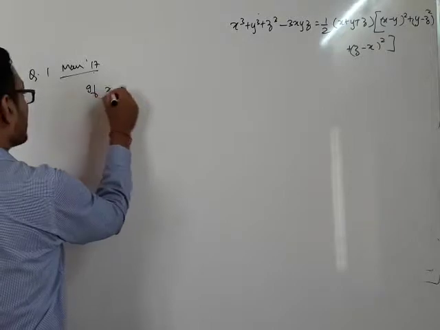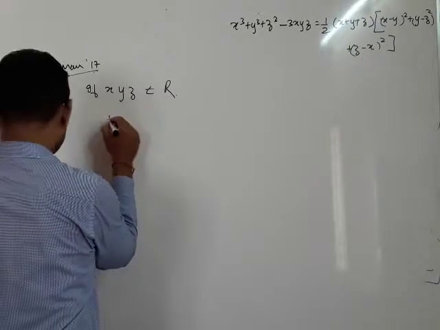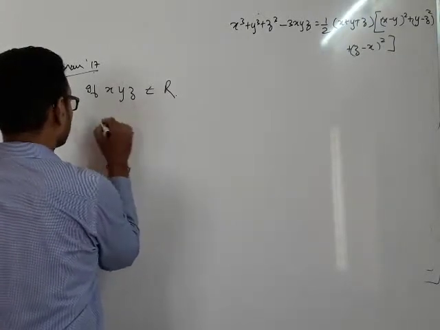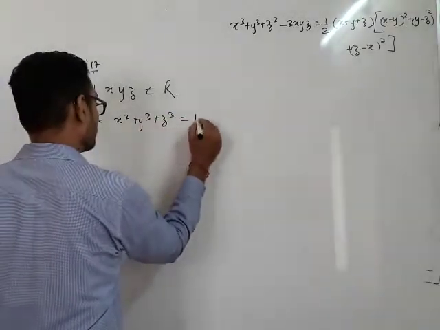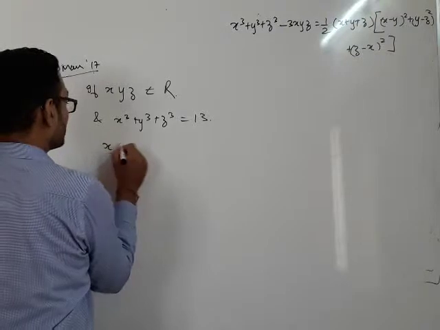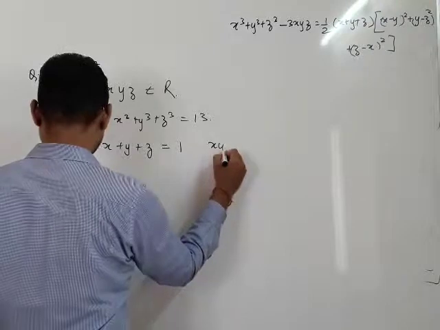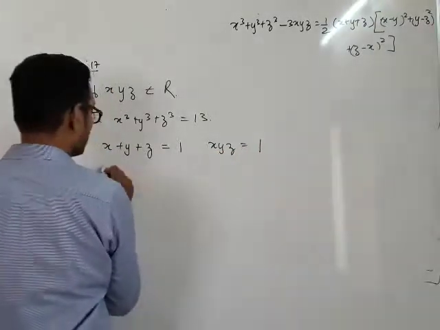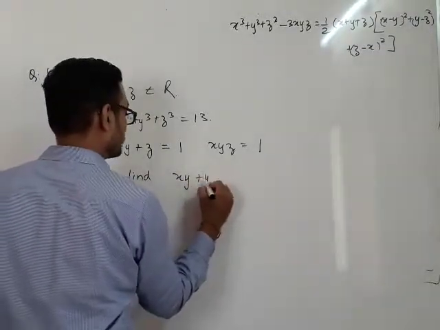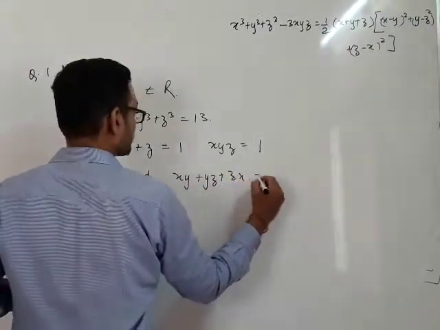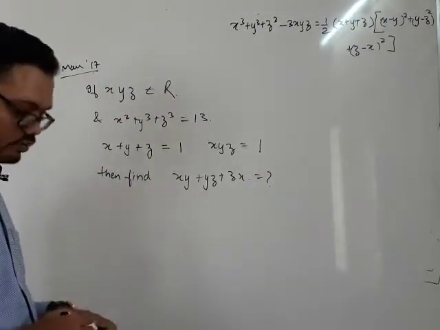If x, y, z belong to real numbers, and x cube plus y cube plus z cube is given as 13, x plus y plus z is given as 1, and xyz is given as 1, then find xy plus yz plus zx. Right, this was a question as it is asked in Mains 2017.